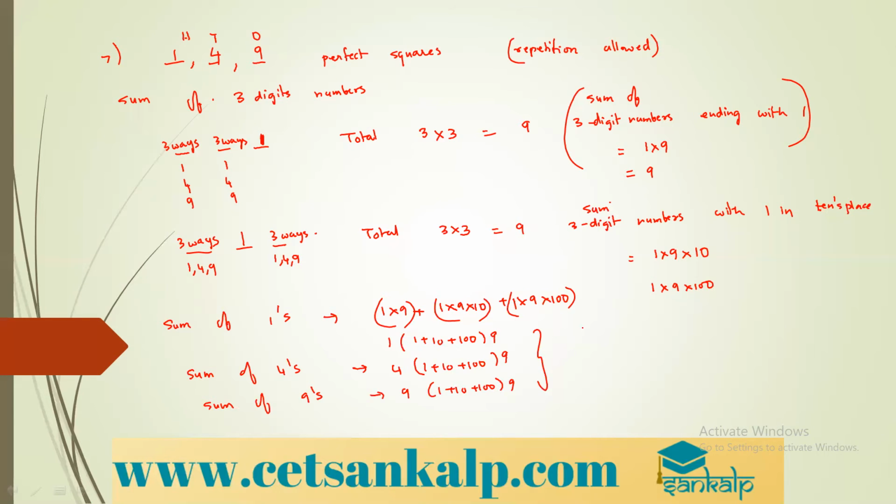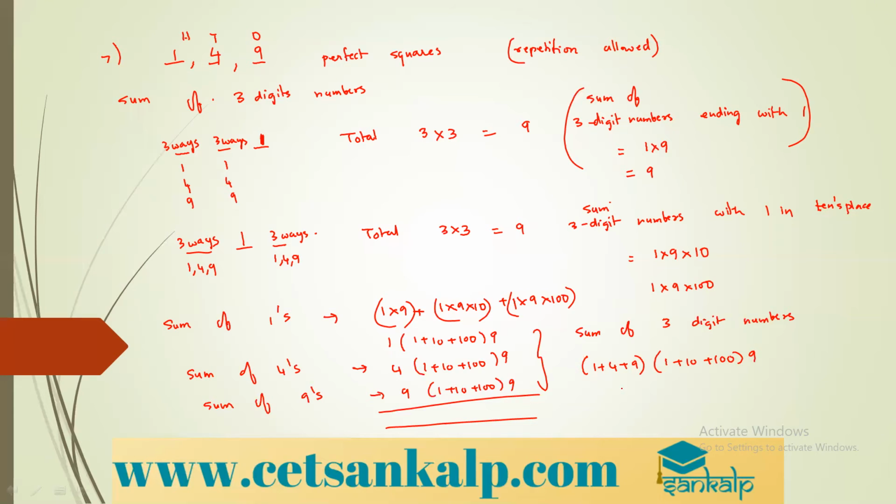So, the total sum of all 3-digit numbers formed. When I take the sum, first I will write 1 plus 4 plus 9. Then I can take these two common: 1 plus 10 plus 100 into 9.